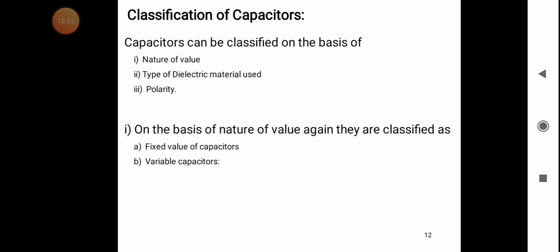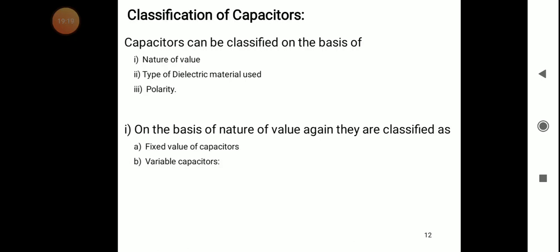Whether the capacitor value is fixed or changeable, whether a capacitor is used for only one value or for other values also. That is called nature of value.